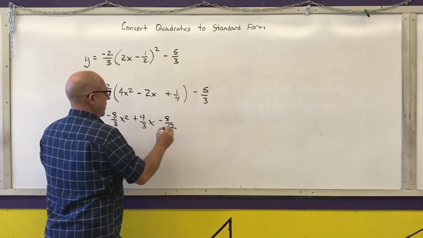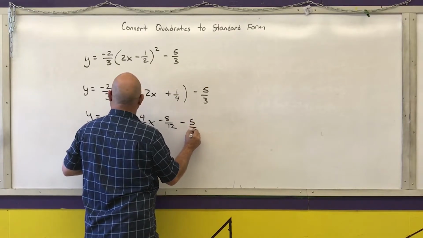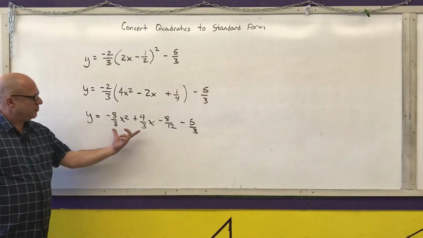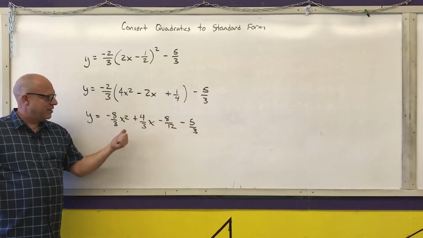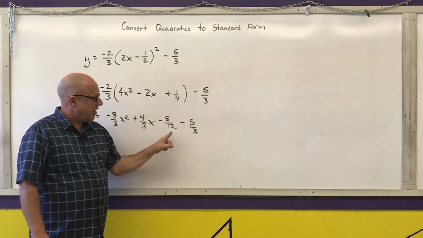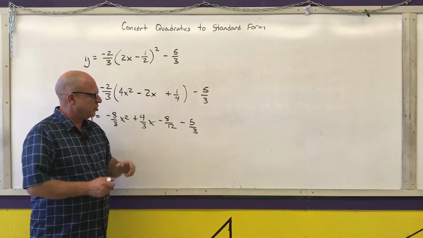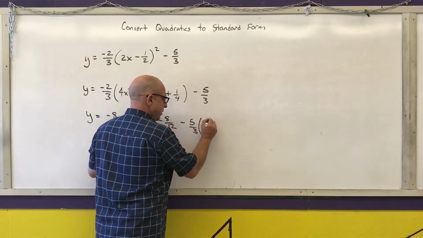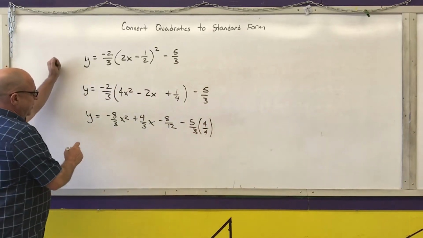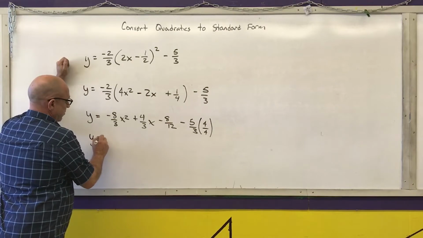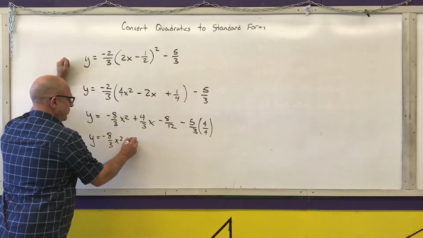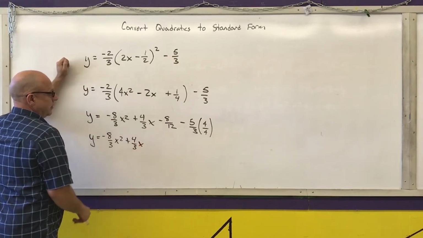8/12 minus 5/3. These two terms I don't have to come up with a common denominator because they have different powers. But this one I do. I need to have 12ths. So I'm going to multiply the numerator and denominator of the 5/3 by 4 and write my final answer. y equals negative 8/3 x squared plus 4/3 x.